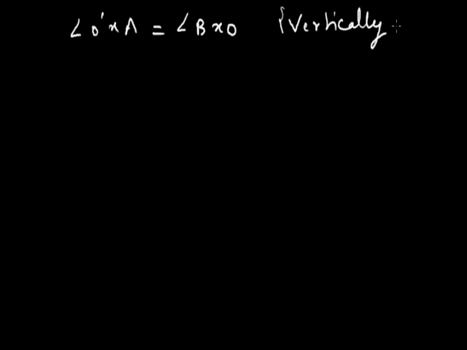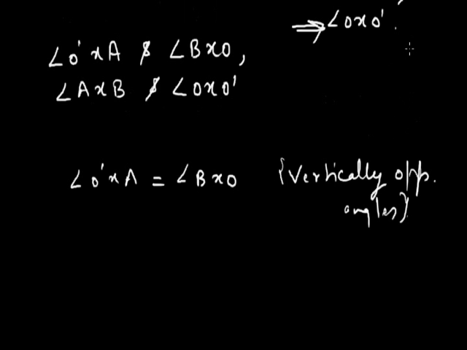We have to prove it. Similarly, we have to prove that angle AXB is equal to angle OXO dash, because they are also vertically opposite angles.